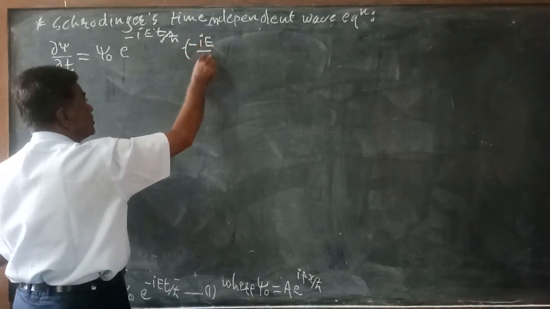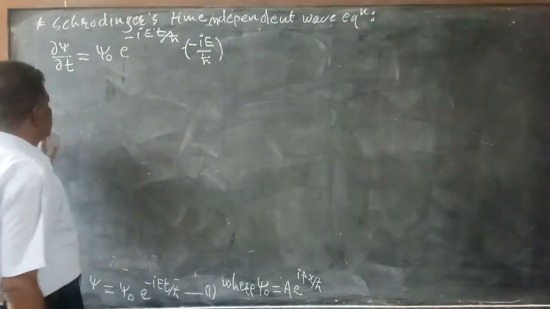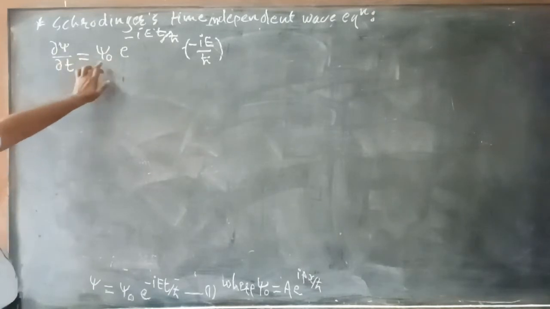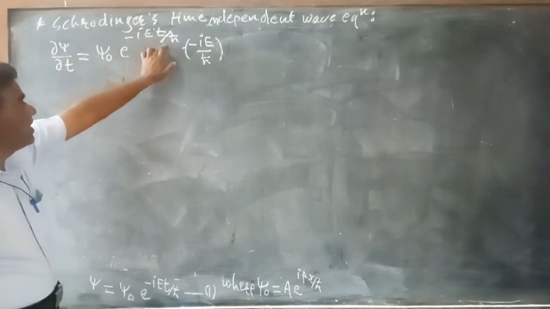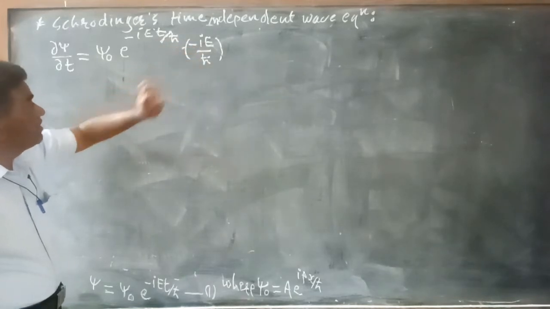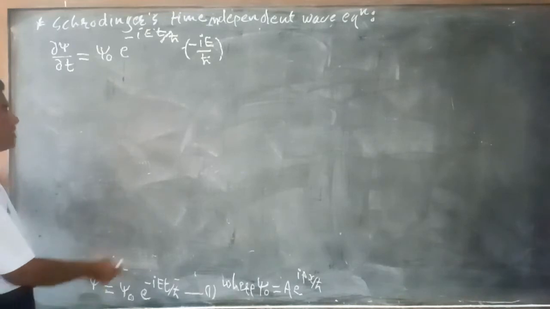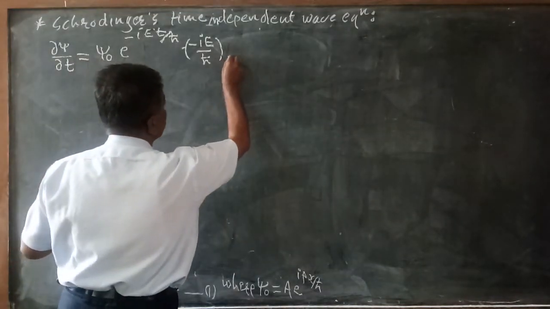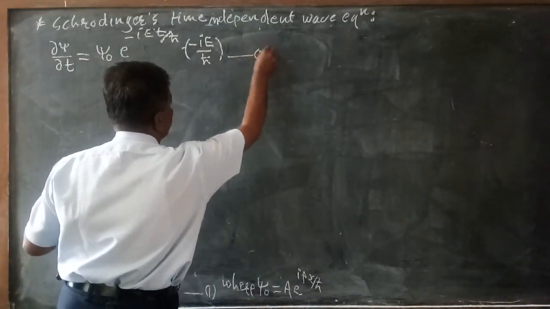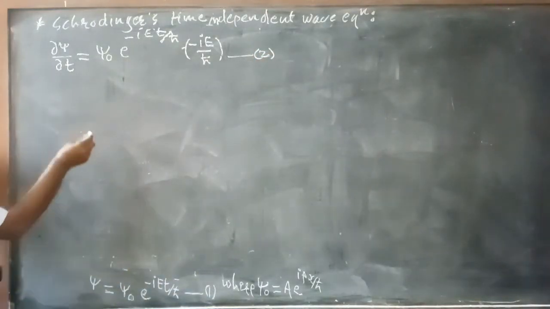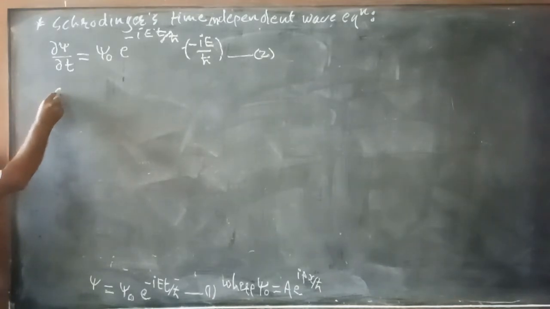So differentiating this equation with respect to t, we are getting psi 0 e to the power minus iEt divided by h cut into minus iE divided by h cut. Suppose this is equation number 2. Differentiating equation 1 again with respect to x, now twice, we are getting delta squared psi divided by delta x squared.